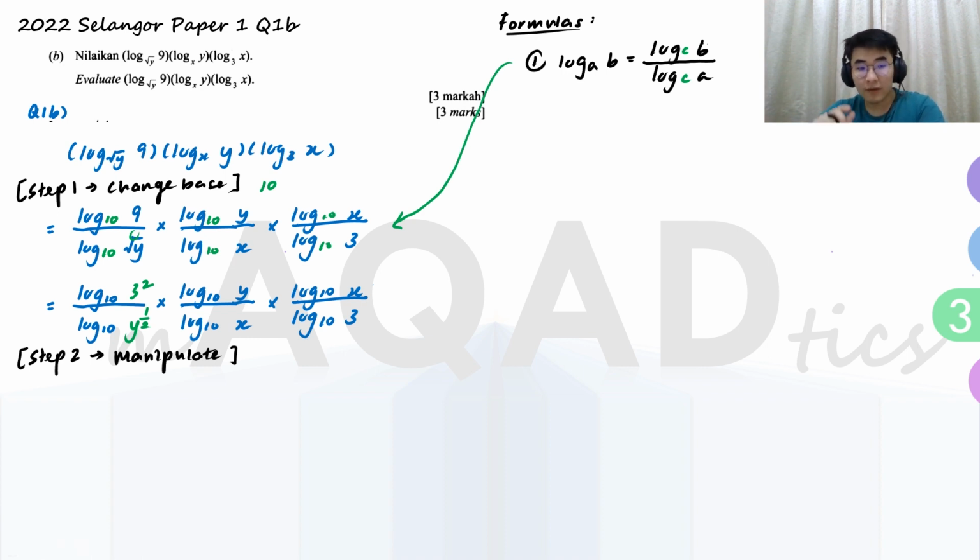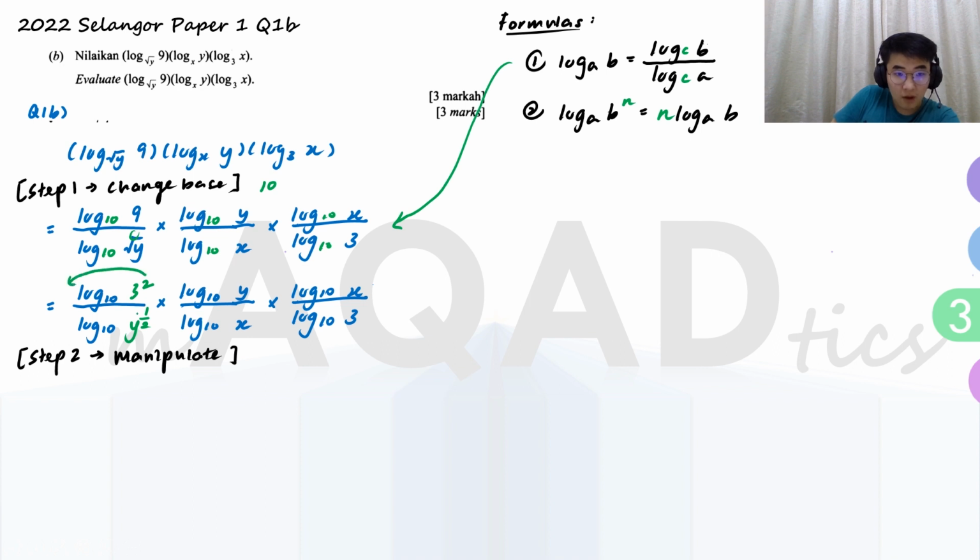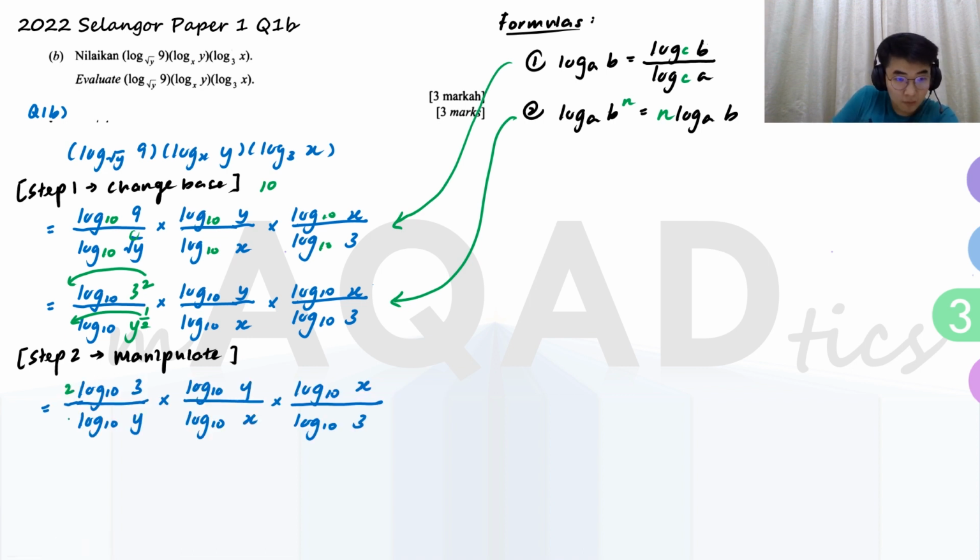Right, so one of the formulas to manipulate is actually this. For the value's power, we can move it to the front. Right? So here, I will move 2 to the front, and 1 over 2 to the front, if we apply the second formula. Right, so the next line I will put 2 and 1 over 2 here, and you may notice that all of the logarithms can be crossed off.